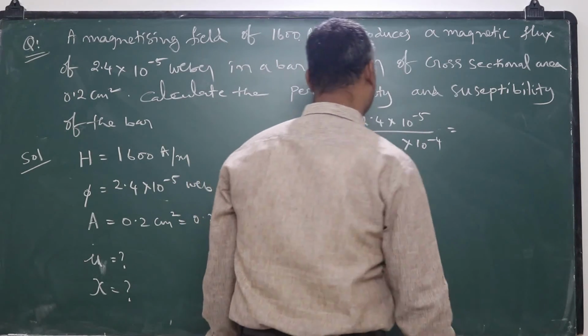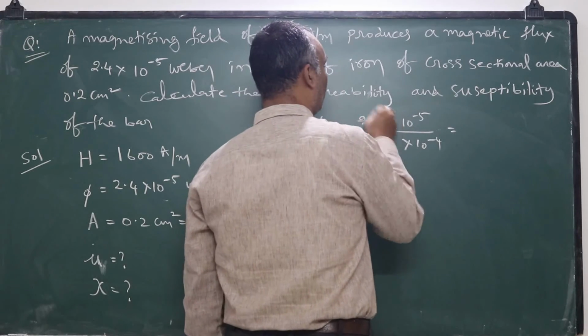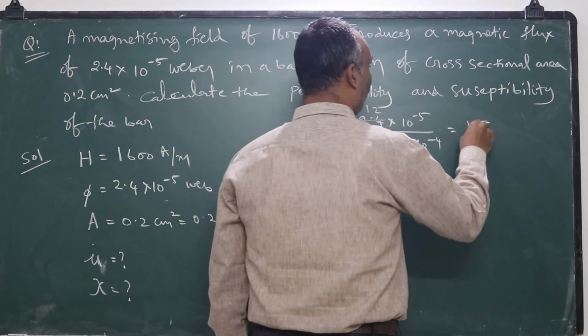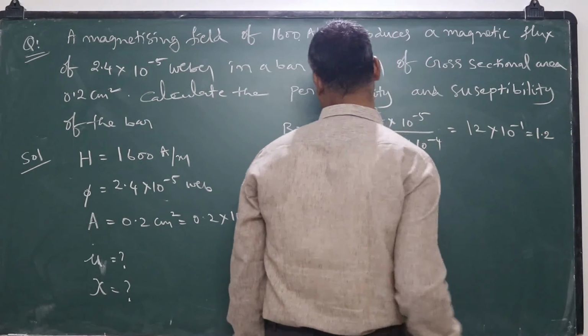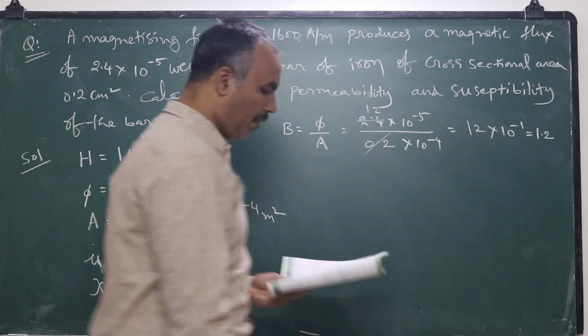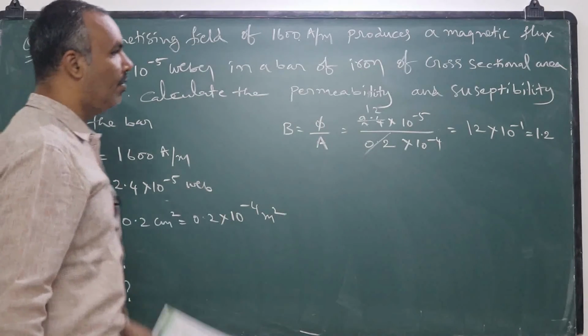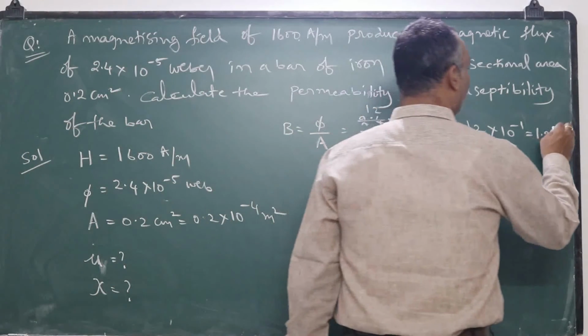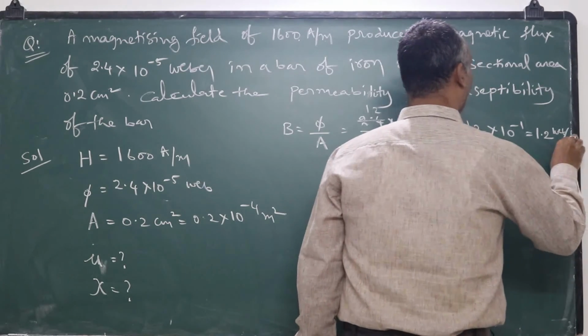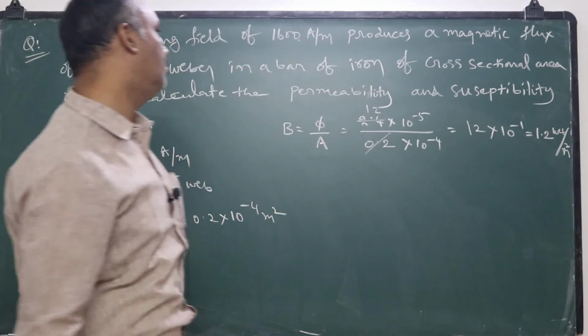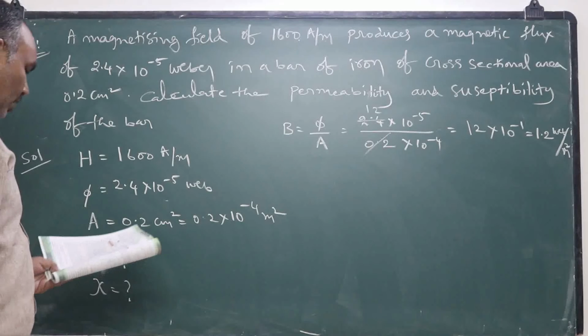It becomes 12 into 10 power minus 1, that is 1.2. 1.2 is the B value, Weber per meter square, or Tesla you can write. Weber per meter square are the units for B value. Now you are asked to find permeability.